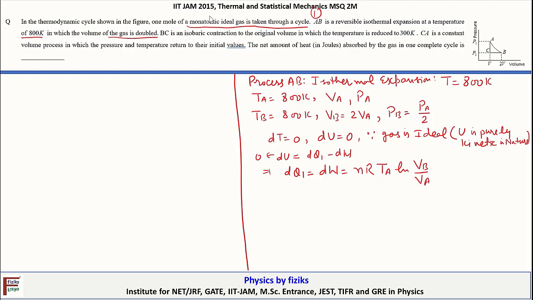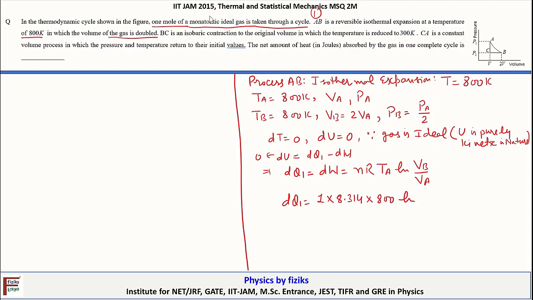Now if we substitute these values, n is given to be 1 mole, since it's 1 mole of a monatomic ideal gas. So 1 multiplied by the gas constant 8.314, and the temperature Ta, which is 800 Kelvin.